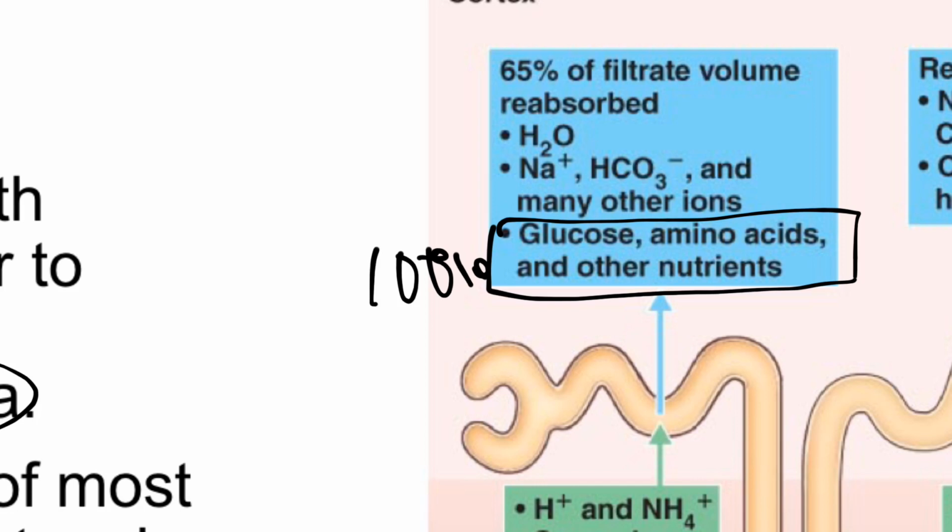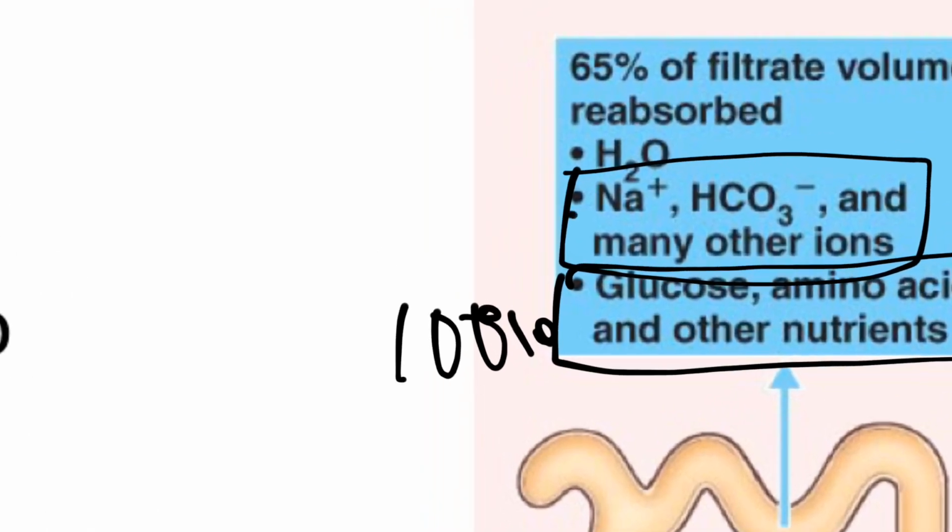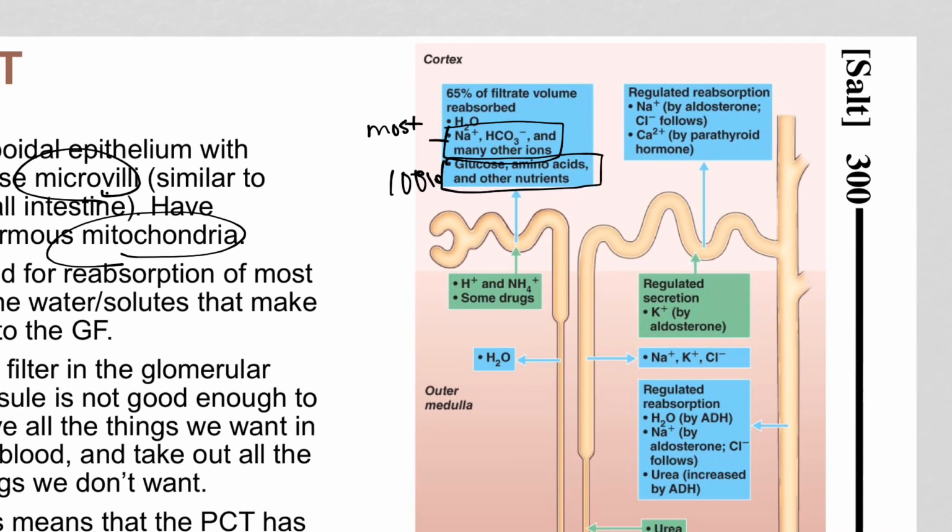Okay? These things that are non-caloric nutrients, sodium, bicarb, that's a really long list, potassium, chloride, magnesium, on and on and on. We'll say most of that gets reabsorbed here, but not all, because those are things that need to be fine-tuned. Right? Glucose, you take it all back, because if you have extra, you just store it.